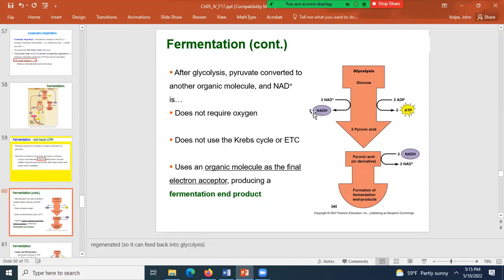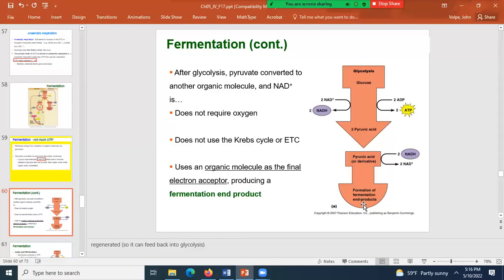And then that NADH that is made in glycolysis is used up by the fermentation reaction. The final electron acceptor in fermentation is an organic molecule where the electrons flow to, like pyruvic acid, which is then converted into the end products of fermentation.